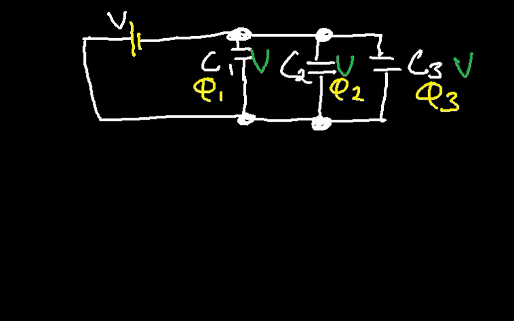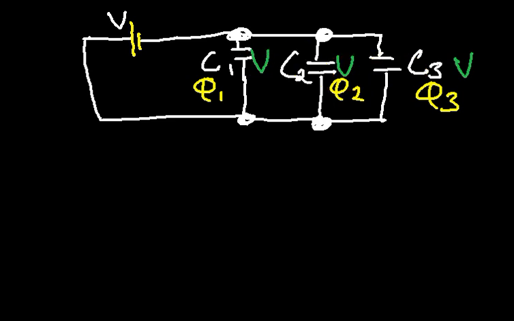Had we had another capacitor connected in series with the battery, we would have had the voltage across that particular capacitor, and the voltage from the battery minus that one would be equal for these, because these are now in parallel.